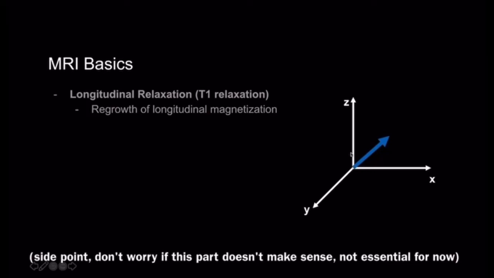If we apply another RF pulse when it has a partial component, the resultant net magnetization in the transverse plane will be equal to the amount of the Z-axis component just prior to the RF pulse. This is important because, as we mentioned, we detect signal in the XY plane. So in order to detect differences in T1 relaxation, we need to allow them to relax at different rates in the Z-axis and then apply an RF pulse and listen in the XY plane.